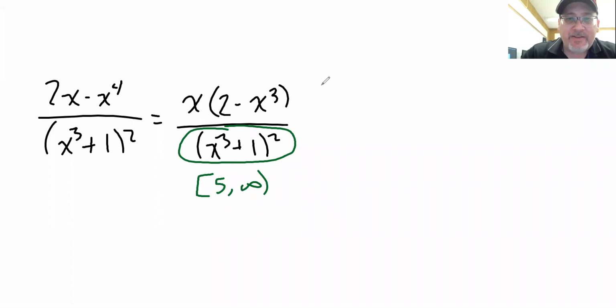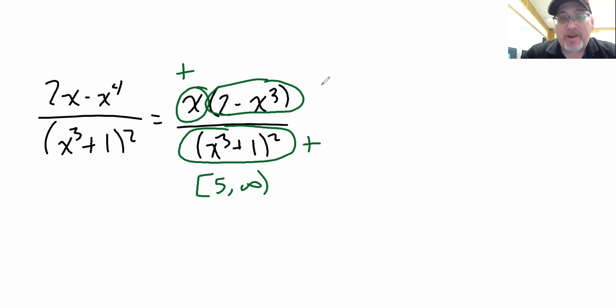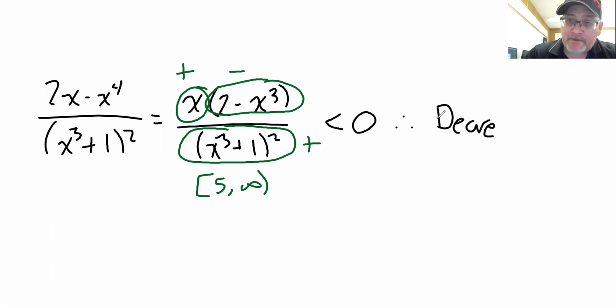On 5 to infinity, the denominator is positive. In the numerator, this is positive. What about 2 minus x cubed? Well, that's equal to 0 when x is equal to the cube root of 2. It is between 1 and 2. But when I start at 5, this seems clearly negative. We have positive times negative, which is negative, so this is less than 0, therefore we're decreasing. Remember, we just found the derivative and showed that it was less than 0 on the interval of note.